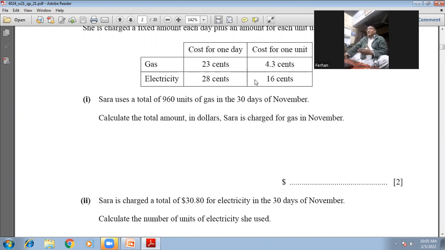The cost of days and the cost of units. 30 multiplied by 28 plus x, I don't know how many units, x multiplied by 16 will be equal to 3080, but these are in cents, and 30.80 is in dollars. So convert the dollars into cents, because the unit of the money should be the same.